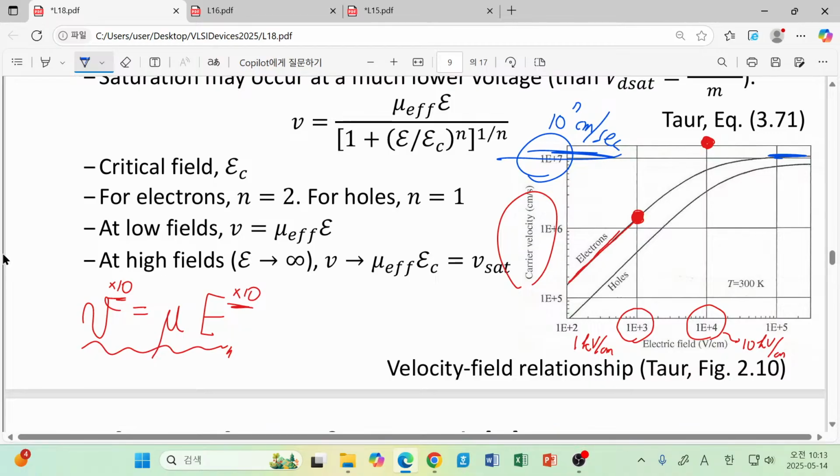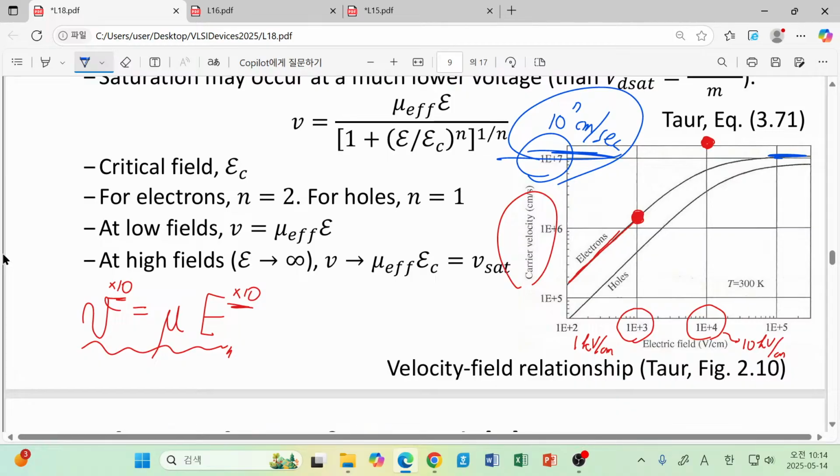If we consider different materials, certain materials have higher saturation velocity and certain materials have lower saturation velocity. Unfortunately, 2D materials are known to have much lower saturation velocity, just half or 1/3 of this silicon value.